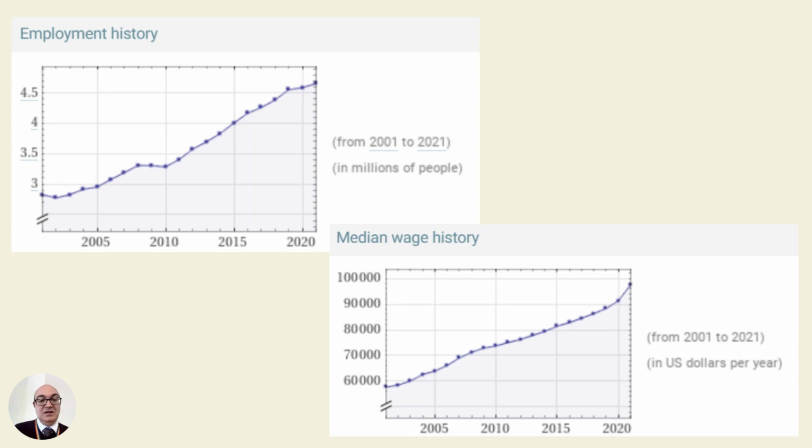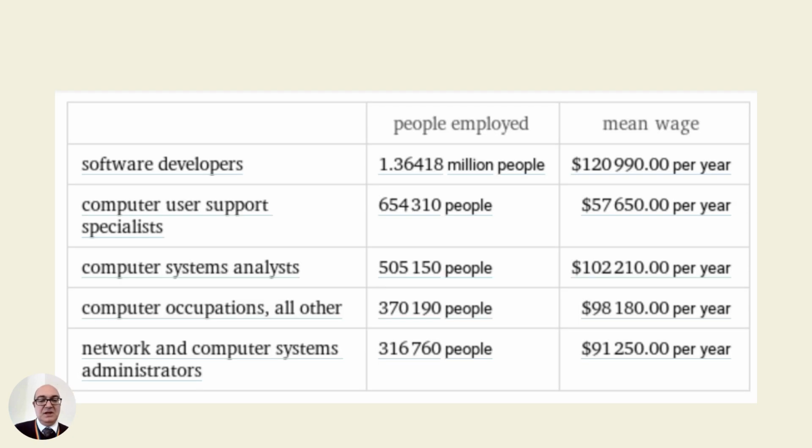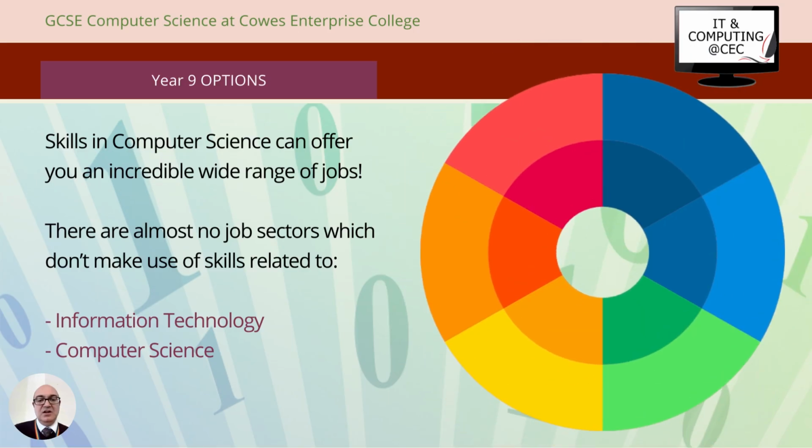In fact, wages have increased even more exponentially. So that might motivate some of you. And these are the American statistics that I found. You can see how many people and what they earn.